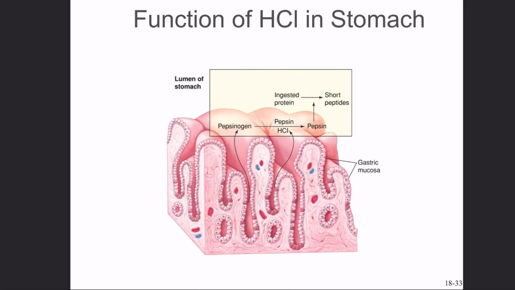So here it shows the mucosa layer, the chief cells within the mucosa layer secreting pepsinogen, the parietal cells secreting hydrochloric acid, and that is going to convert pepsinogen into pepsin, which is just going to break down protein. And this occurs with the introduction of hydrochloric acid because we wouldn't want an active protein digester within the cell.